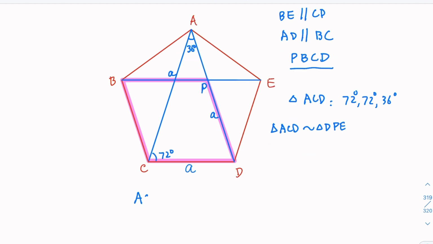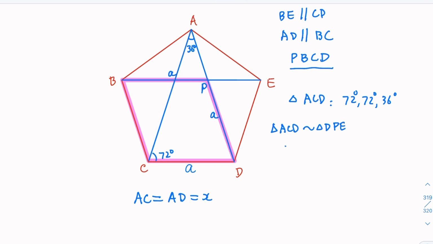Let's assume AC equal AD equal X, and then because of the similar triangle, what you get is the side length ratio, which is X over A. This is A, right?